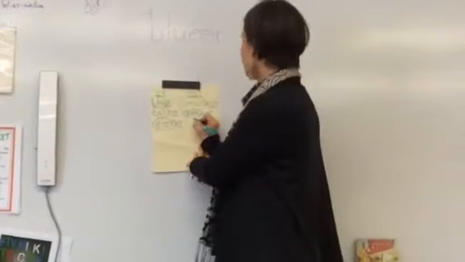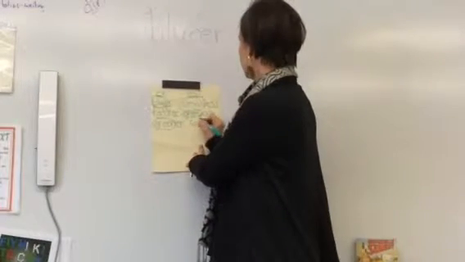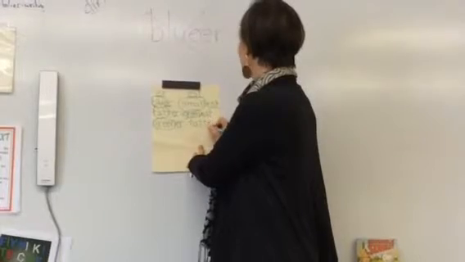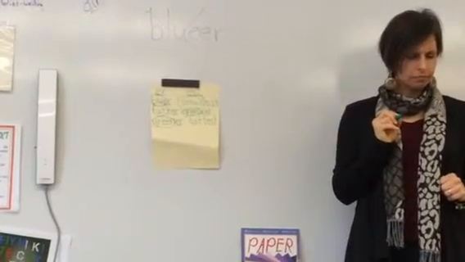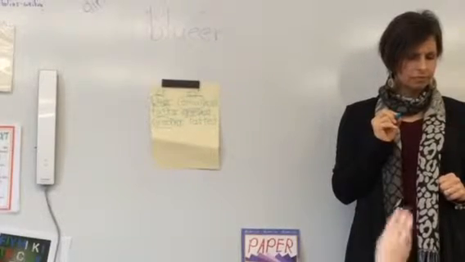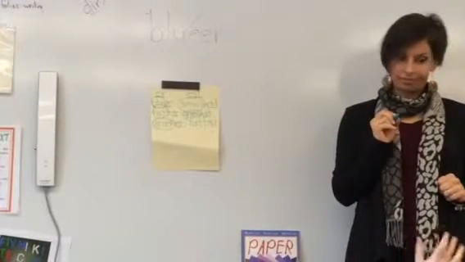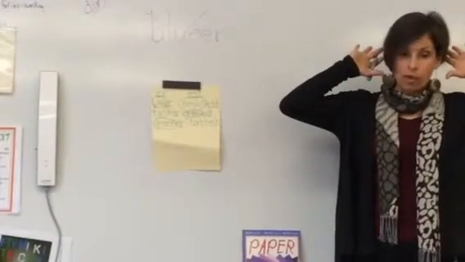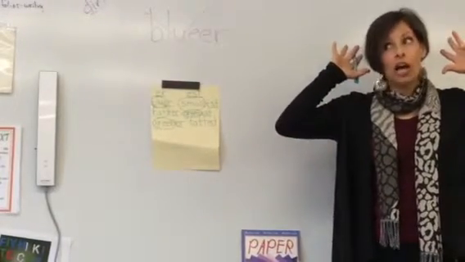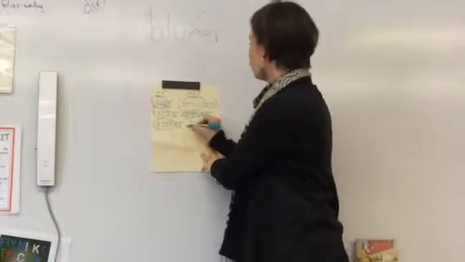Say it one more time. Fattest. Can you spell it for me? F-A-T-T-E-S-T. Nice job. How come I have two T's? There's a vowel. Trouble with the double. My base word is fat.